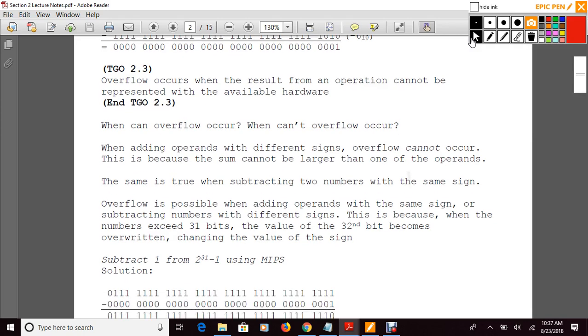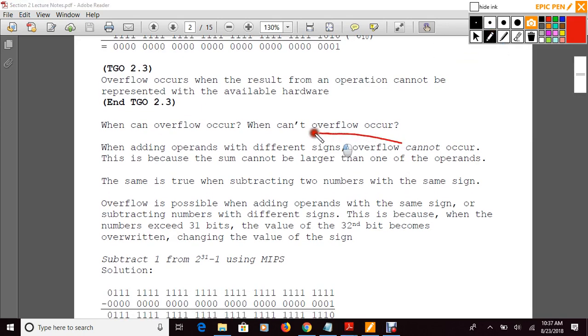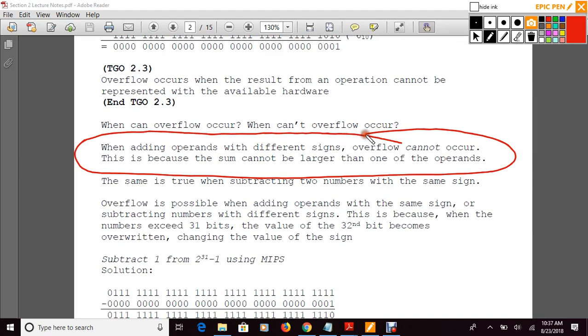So when you're adding operands with different signs, overflow cannot occur. Why do you think that is, other than what I've written up there? You're adding 2 values of different signs. Yeah, subtraction. So if you have a bowl full of water, and you're subtracting, that means you're taking some of the water out.